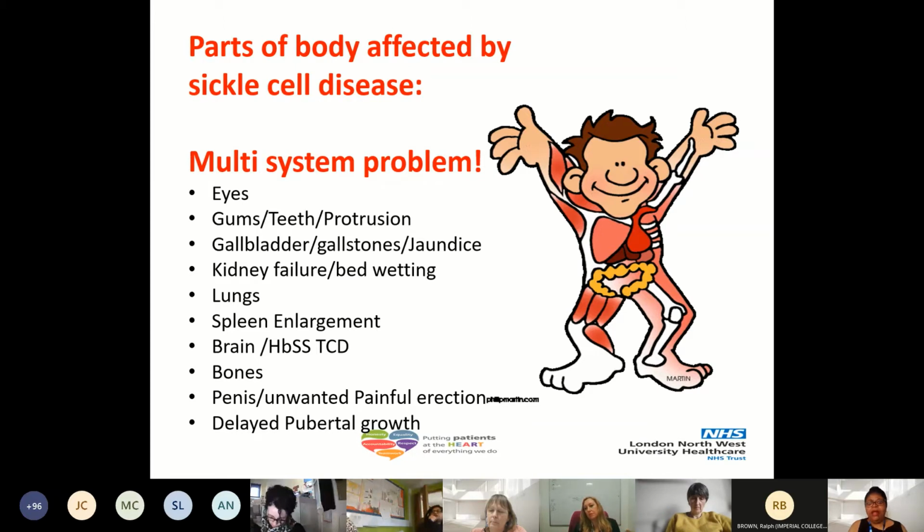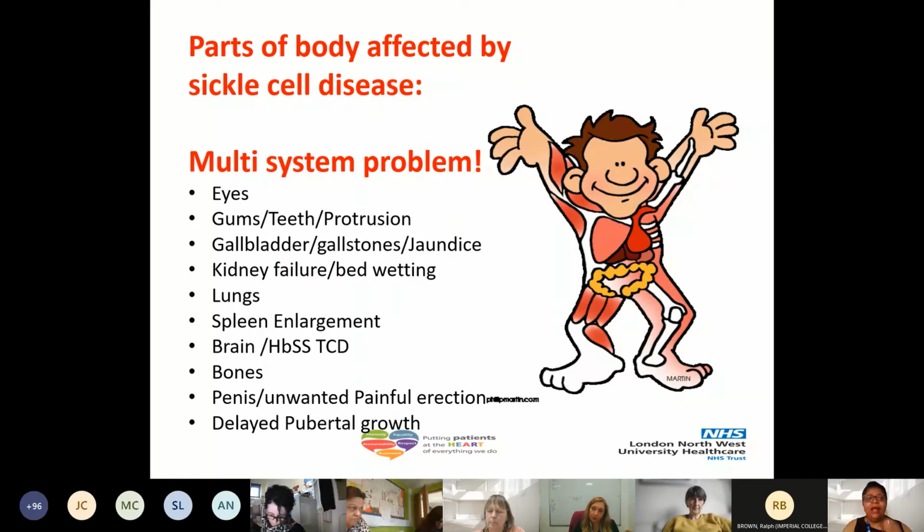Okay, so the spleen also. We have spleen problems. It's a little organ in the stomach region that can become blocked with sickle cells, just like you saw in the picture a couple of slides ago. The small spleen can get engorged with lots of damaged red blood cells, sickle cells, and expand.